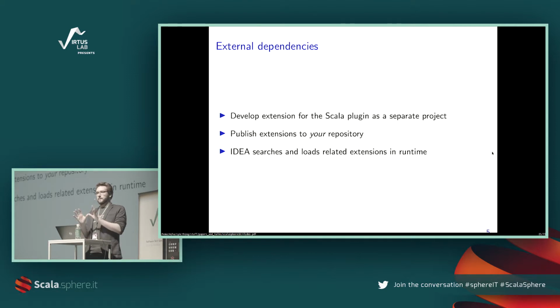So you have your main library, for example, shapeless, cats, whatever, and you, as the author of the library, develop those extensions for the Scala plugin, and you publish another library to your organization, which has a slightly different name, and IDEA then scans for available libraries with the extensions, downloads them, and attaches them to itself.